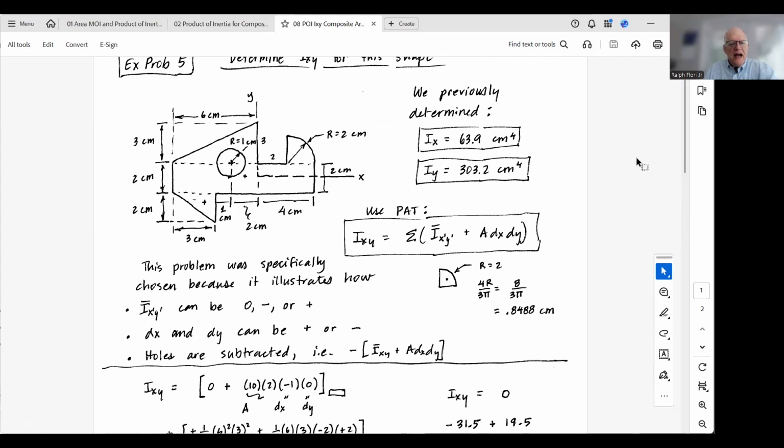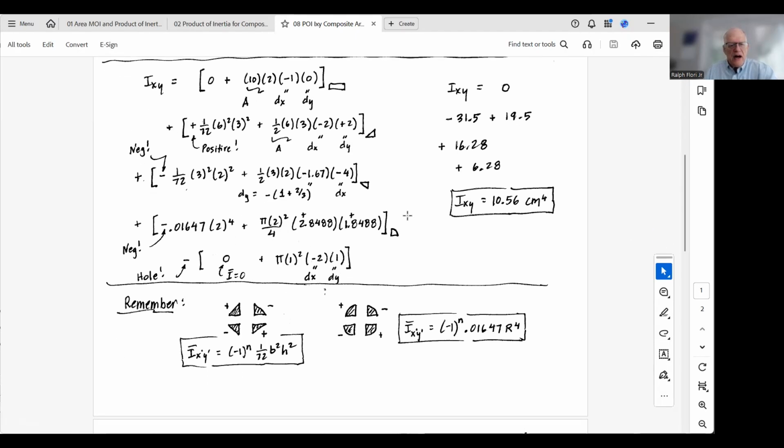His dx is 2 plus, so 4r over 3 pi for him is 0.8488. So his dx is 2 plus that, so it's 2.488, and his dy is 1 plus that, which is 1.8488, and they're both positive. So positive dx and a positive dy.